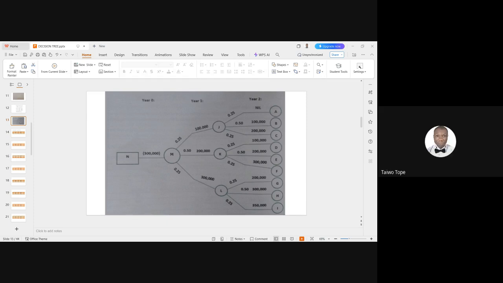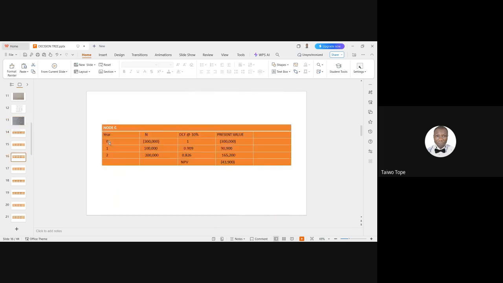Yeah, 65,450. So the summation should give us a positive result. 210,175. Combine NPV of nodes G, H and I, what do we have? 210,175. Fine.